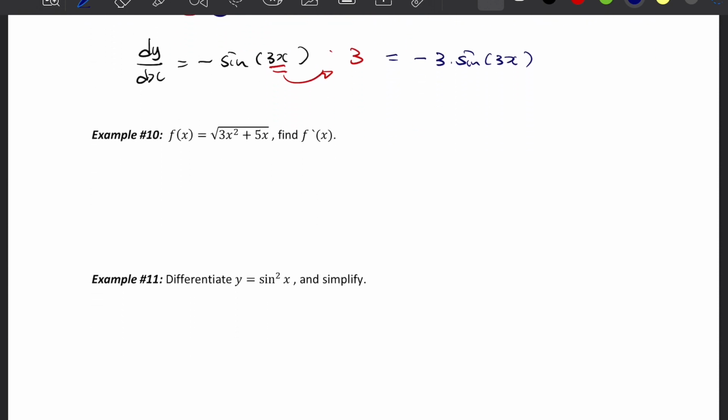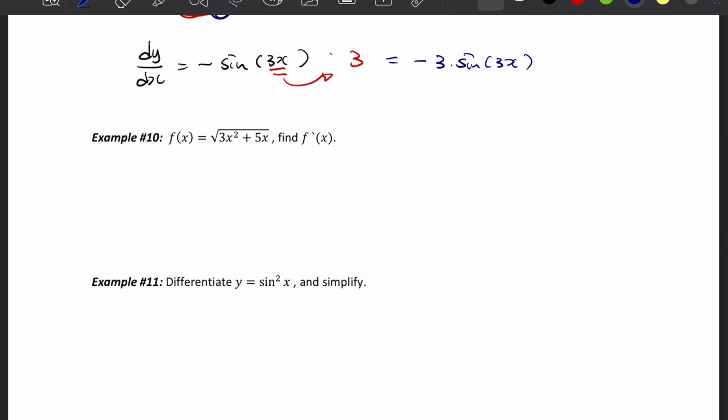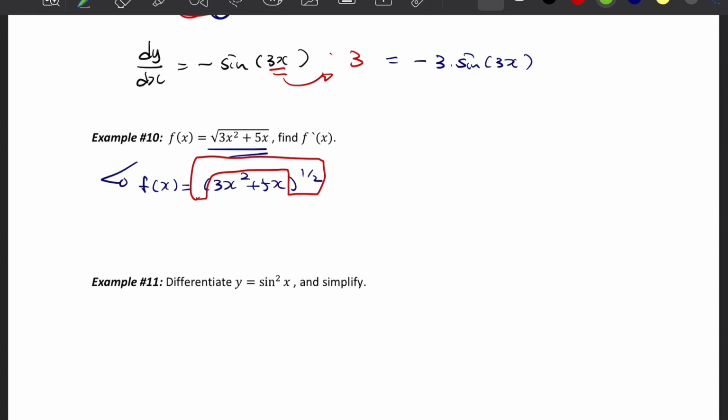Then let's look at example 10. We need to differentiate the function f of x. When you have radicals, I suggest you change the format to exponent form first. So this becomes f of x equals (3x squared plus 5x) to the power of 1 over 2. Then you can clearly see that there is a function inside a function, right? Our outer function is the bracket to the power 1 over 2, and our inside function is 3x squared plus 5x. Then we start with the outer function.